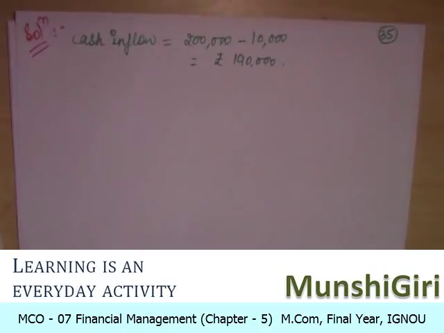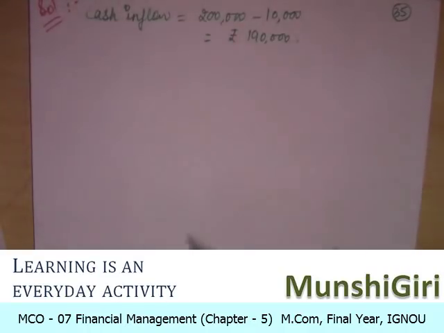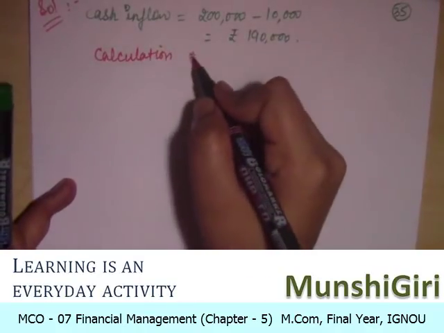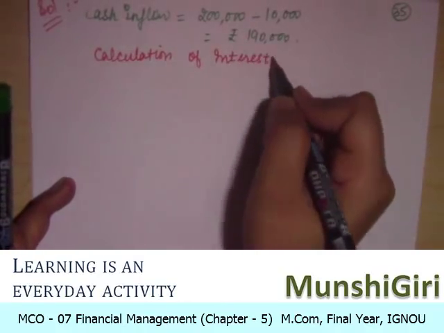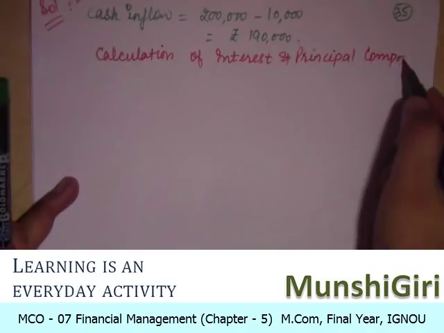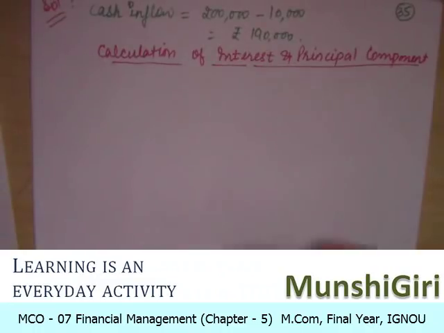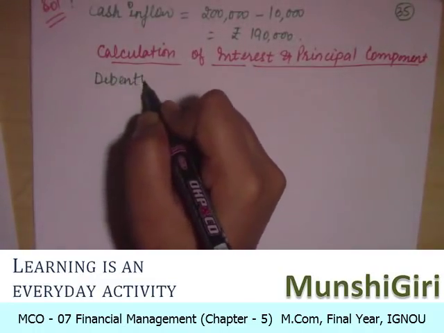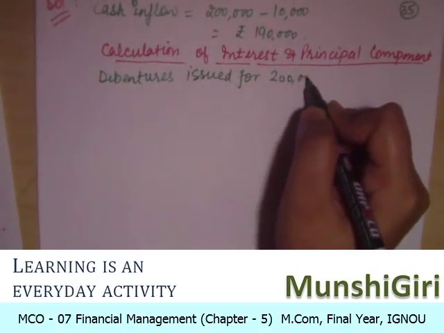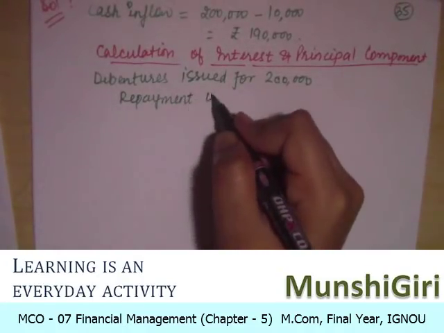Now we will calculate the interest and principal component. Debentures are issued for rupees 2 lakh, and repayment is in 5 years.